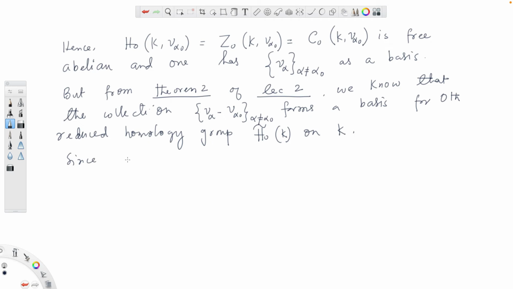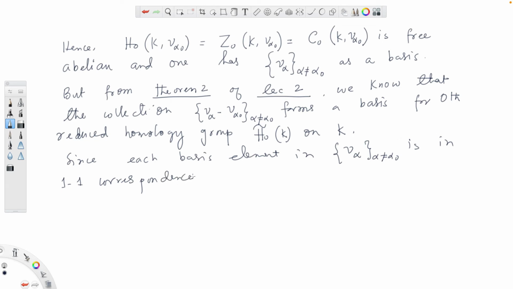It's important to note that each basis element in the collection V alpha, where alpha is not equal to alpha 0, is in one-to-one correspondence with a basis element V alpha minus V alpha 0, where alpha is not equal to alpha 0.